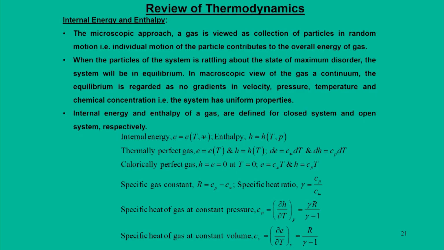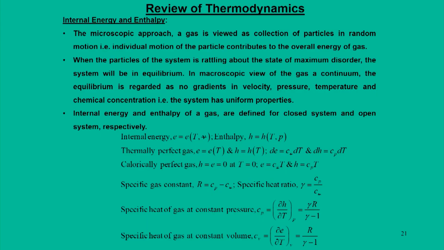If you talk about fixed volume systems, the change in energy associated with work and heat transfer is due to internal energy, that is, for a thermally perfect gas it is E, and if it is a flow system it is recognized as enthalpy. Internal energy is a function of temperature and specific volume, whereas enthalpy is a function of temperature and pressure.